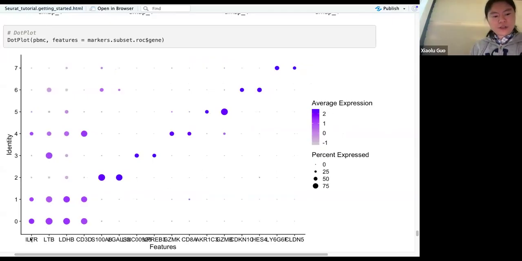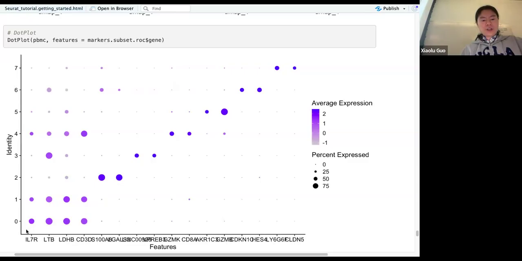For example, if cluster 0 has 100 cells, and on average these 100 cells express 1, then the average expression is shown by the color. And for example, 50% of this cluster expressing this gene is identified by the circle size.